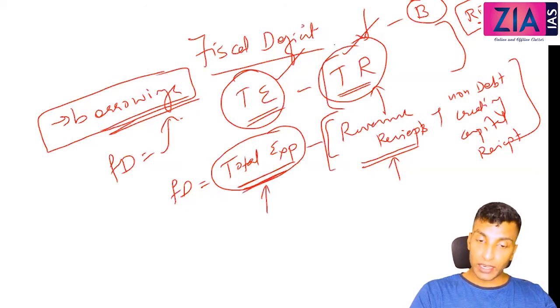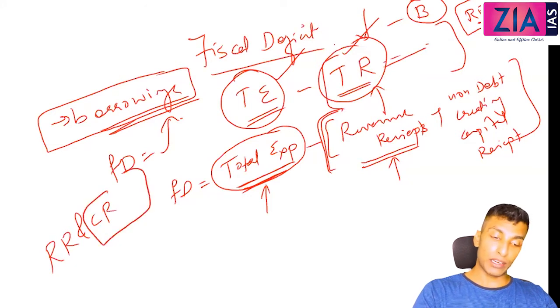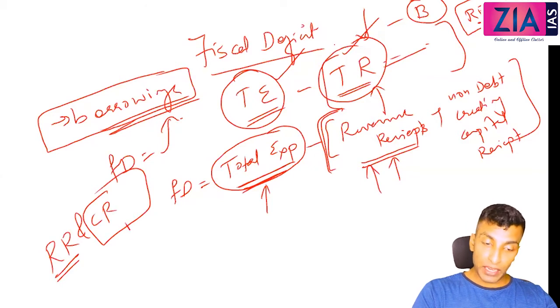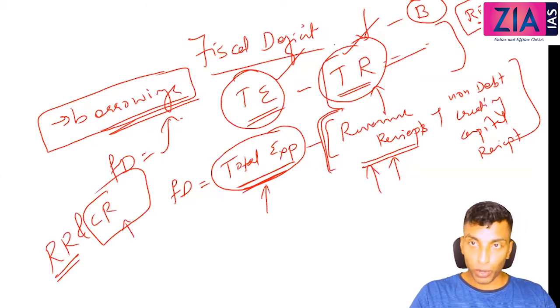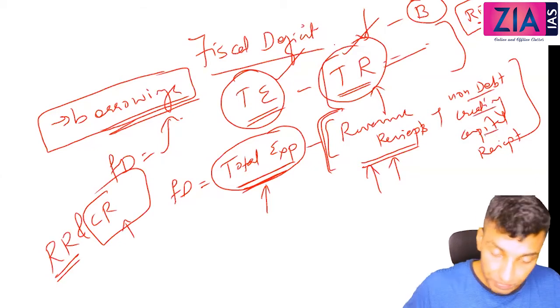Now total receipts minus borrowing is what I need. Total receipt is nothing but revenue receipt and capital receipt, and borrowing comes in capital receipt. So I can write the revenue receipt here, and from capital receipt I need to exclude borrowing. So I can say non-debt creating capital receipt, or I'll show you in this way also.